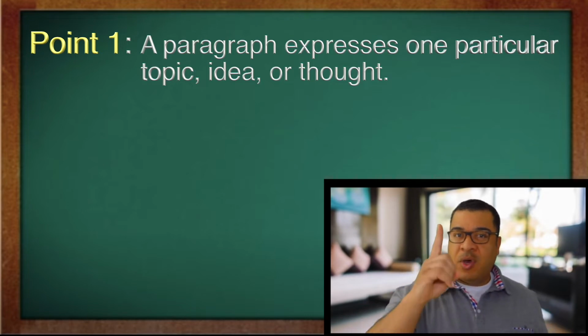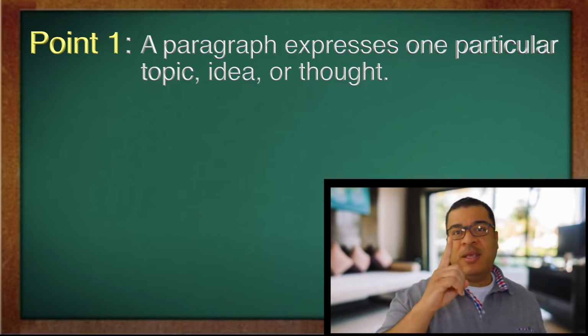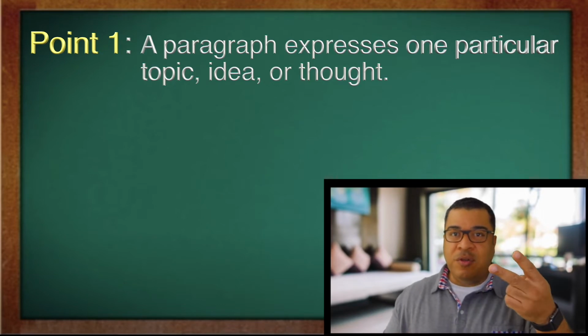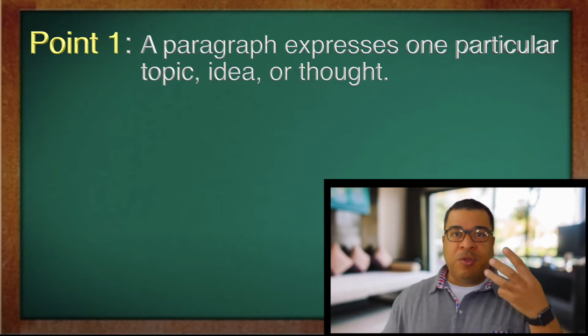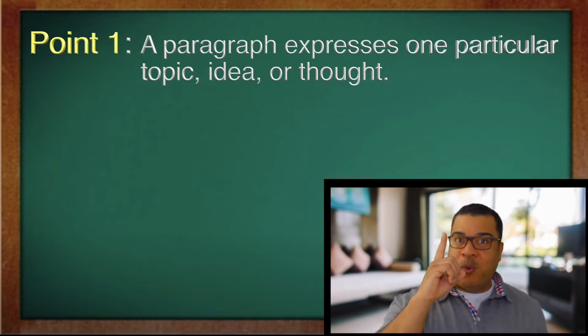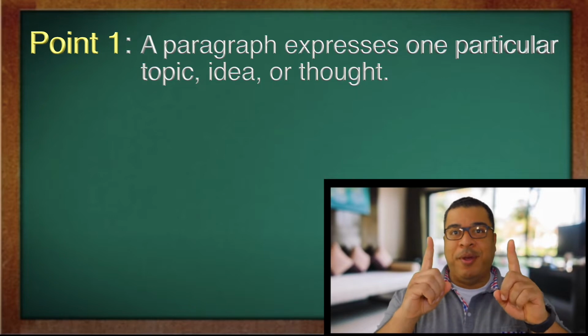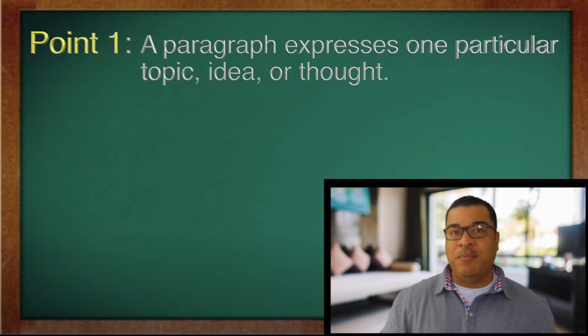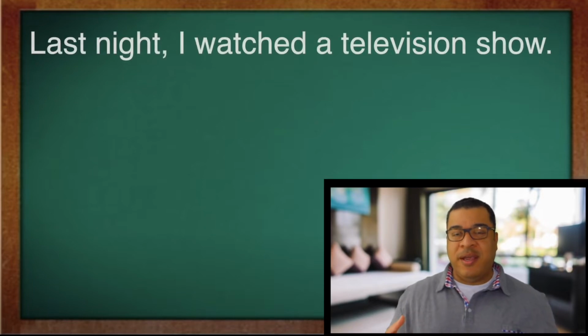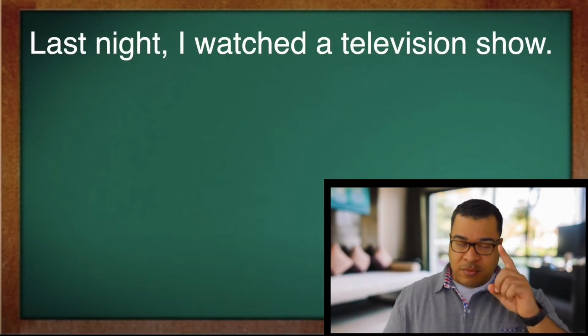Okay? So you talk about only one thing. So if you're writing something, you don't have 2 different ideas or 3 different ideas in one paragraph. You have to talk about one thing for one paragraph. That's actually really important. An example, if I say to you, last night I watched a television show, the first sentence.